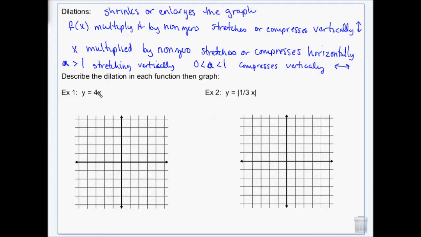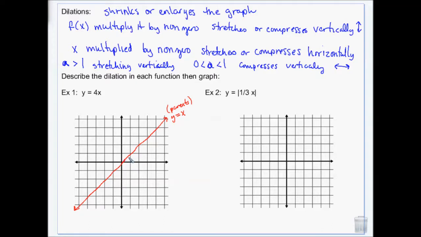Okay, so if we look at y equals 4x, my original parent function is y equals x, right? So my parent function is this line right here, y equals x. Y equals 4x is going to take everything I had plugged in for x. So when it was y equals x, if x equals 1, y equals 1.